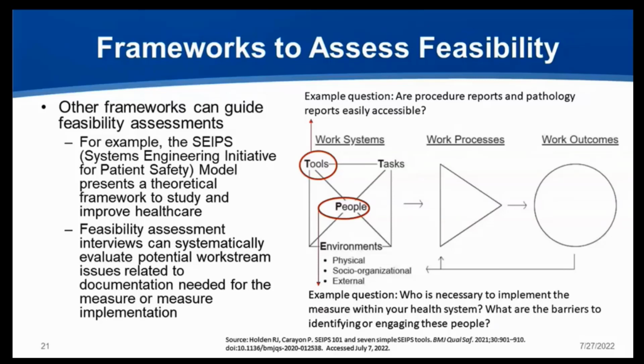So one way to use the SEIPS model is to use a PET scan. In this case, it's a PETT, meaning people, environments, tools, and tasks. And I refer you to the supplement of the article that's referenced at the bottom of the slide. It's got a really good set of templates and lots of good information.